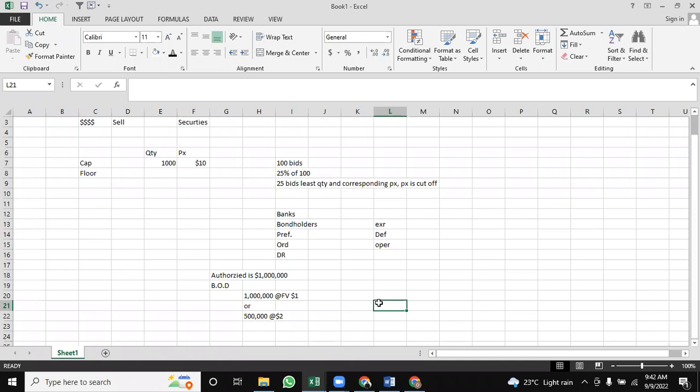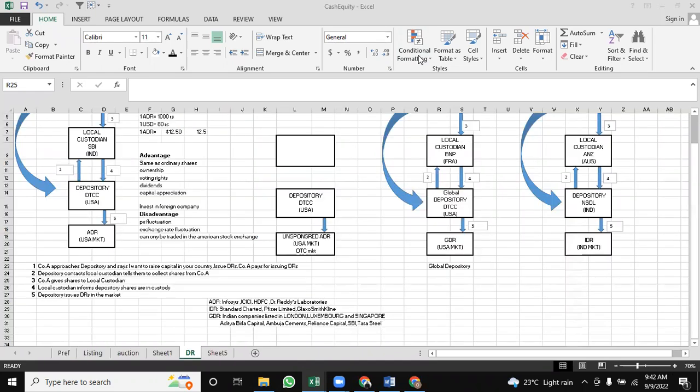Ma'am, could you please explain unsponsored ADR? Unsponsored ADR is when, let me just pull up that Excel sheet. You know what a sponsored ADR is, correct? Yes, ma'am. Unsponsored is when the depository makes a decision to issue unsponsored ADR in order to stabilize the price of the sponsored ADR.